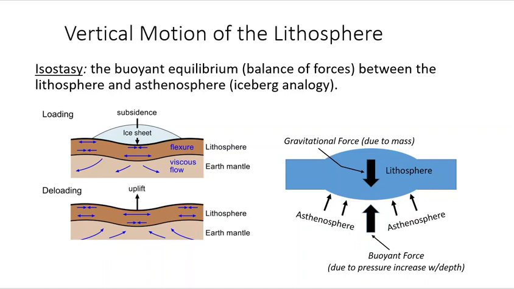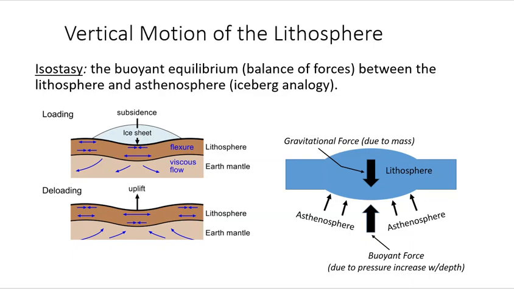But it turns out that at orogens, that is continental mountain belts, the lithosphere is being lifted skyward vertically. It's not simply moving horizontally. And so we have to talk about a really important process that allows this vertical movement of the lithosphere to happen. And that process is known as isostasy.